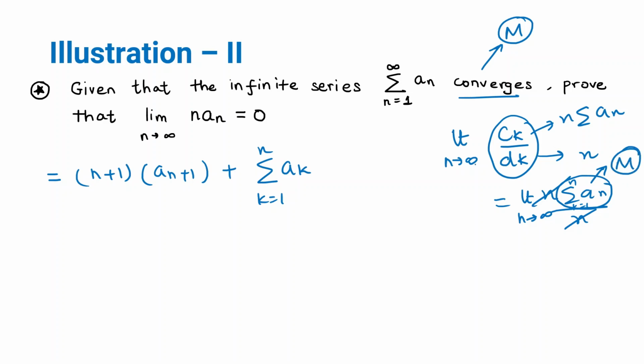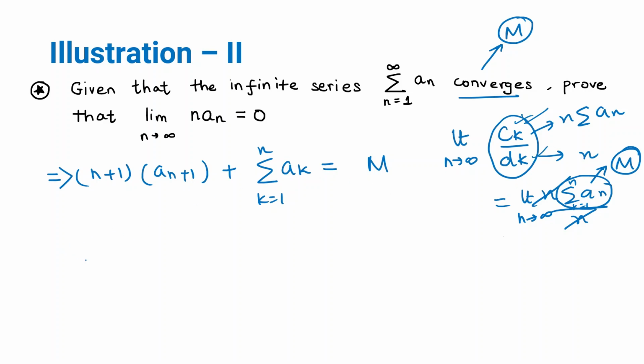So this limit is equal to m by the Cesàro-Stolz theorem, because since this is equal to m, the discrete derivative, if we take that of the numerator and the denominator, that limit must also be m.